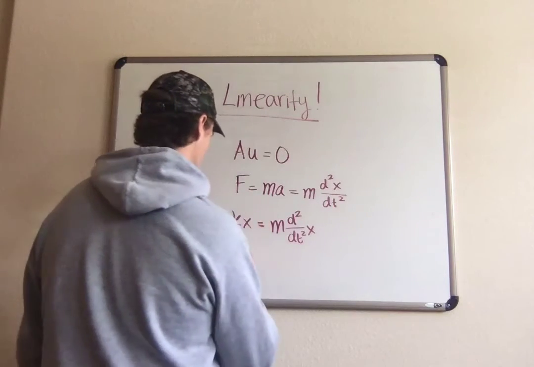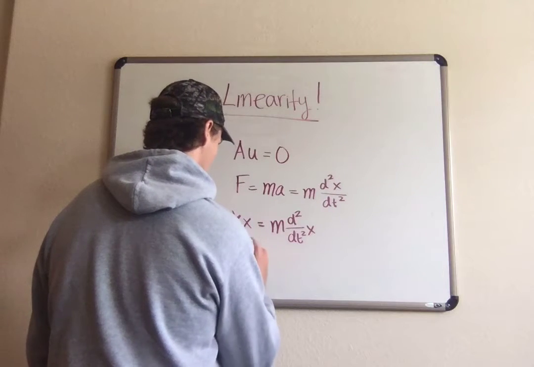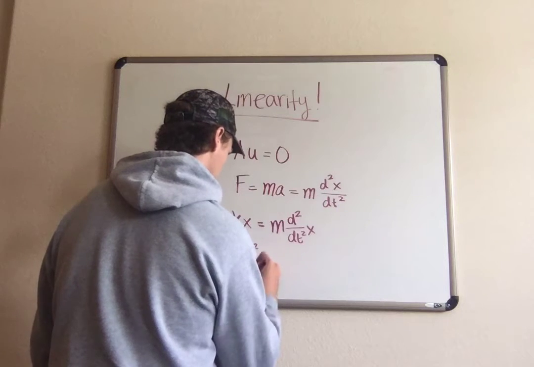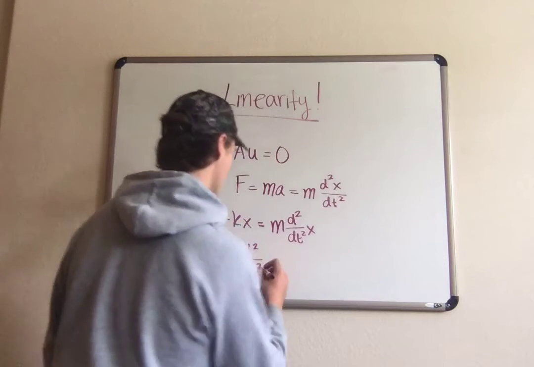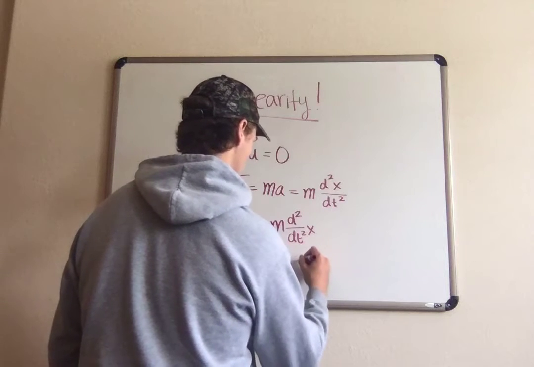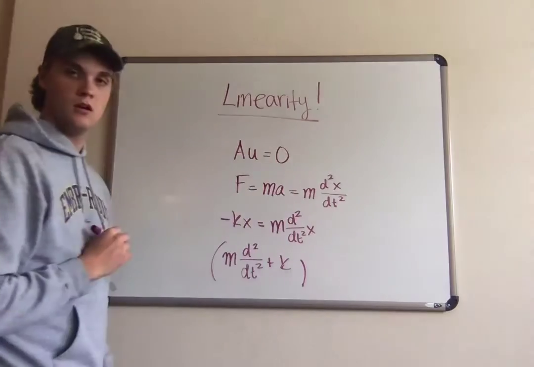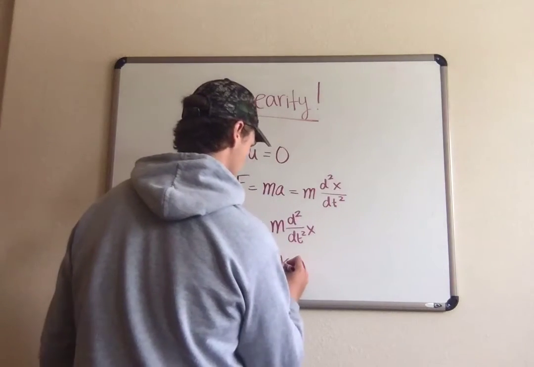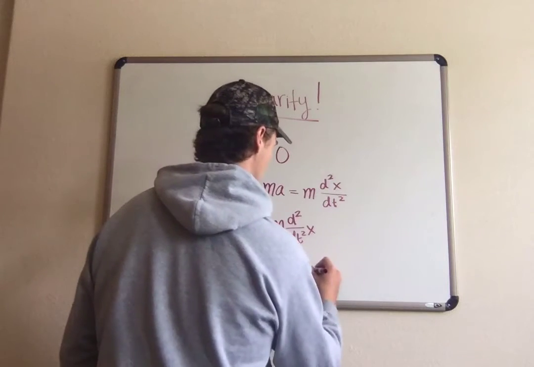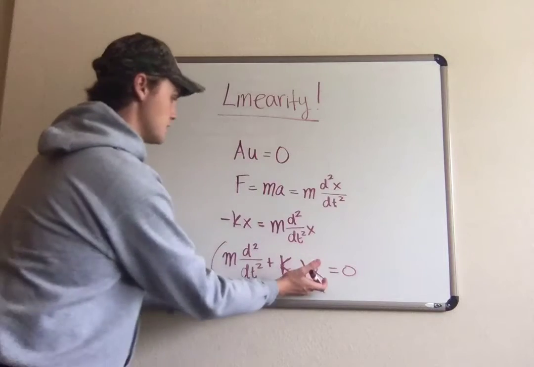So we'll group it up here, and we'll see that m and then d squared dt squared plus k, and then I'm going to put these parentheses here, and you'll see why in a second, acting on x equals 0. But look at this and look at this.